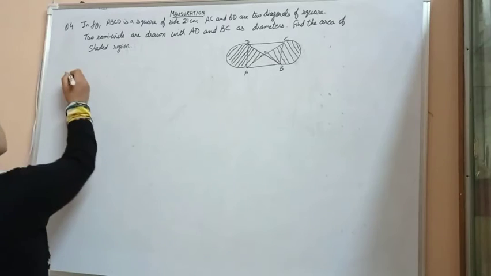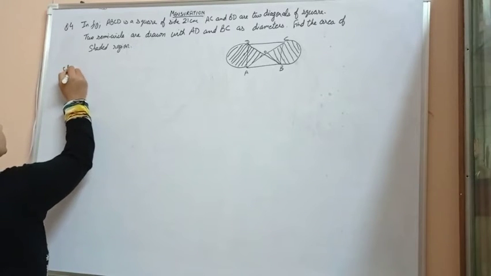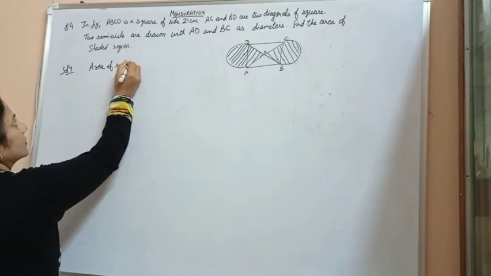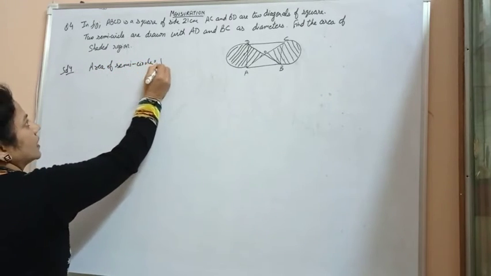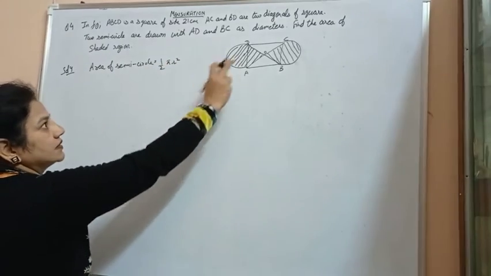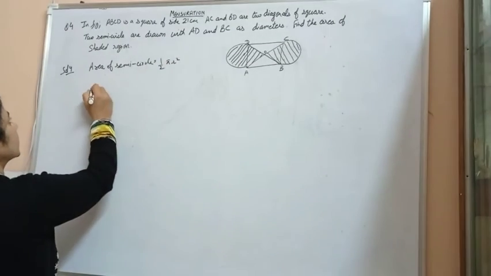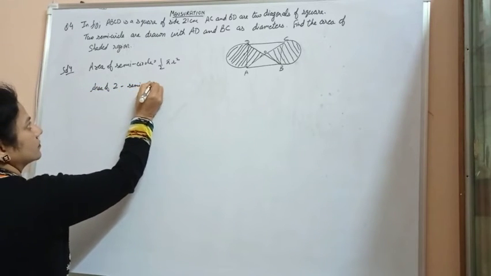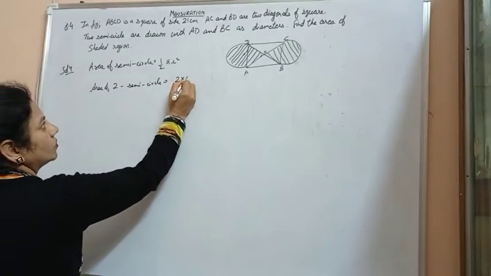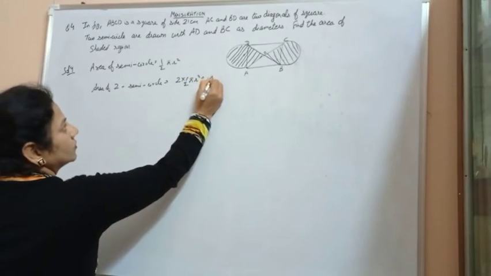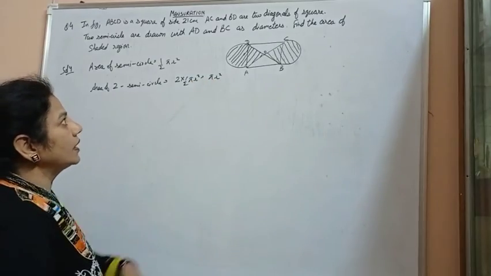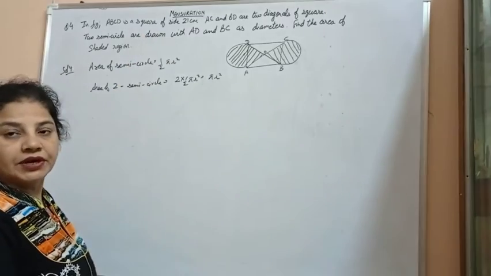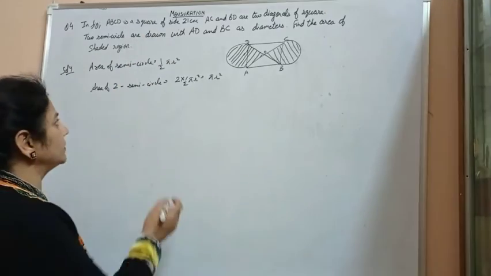We know that the area of a semicircle is half pi r square. Since there are two semicircles, the area of two semicircles is 2 into half pi r square, which is equal to pi r square. Now AD is the diameter of the semicircle and the length of AD is 21 centimeter, as the side of a square is 21 centimeter.